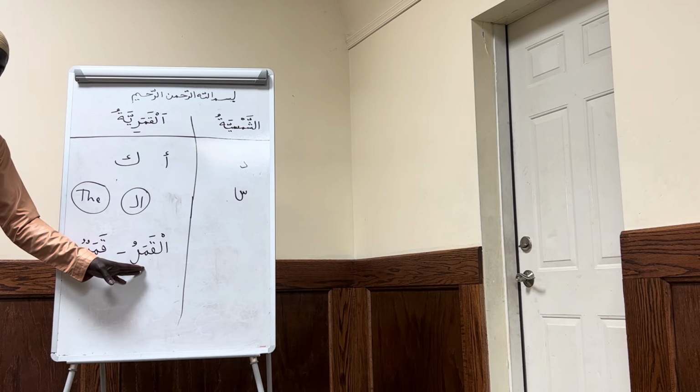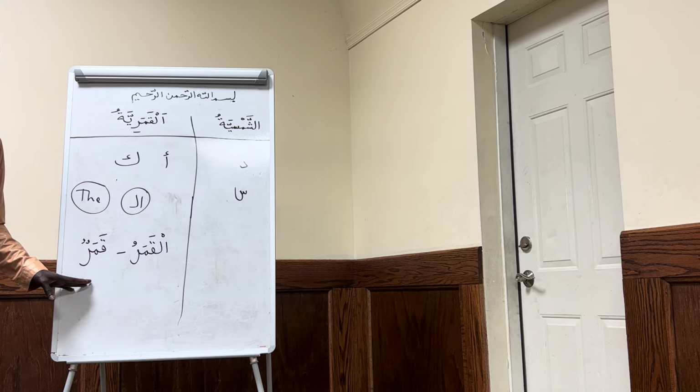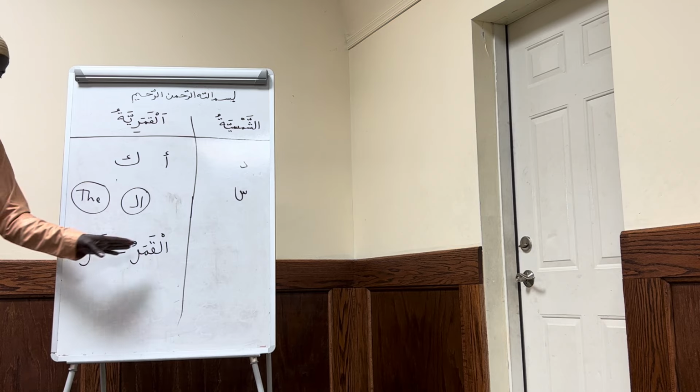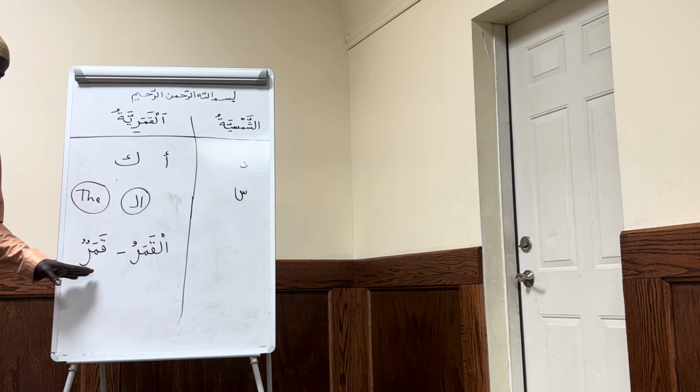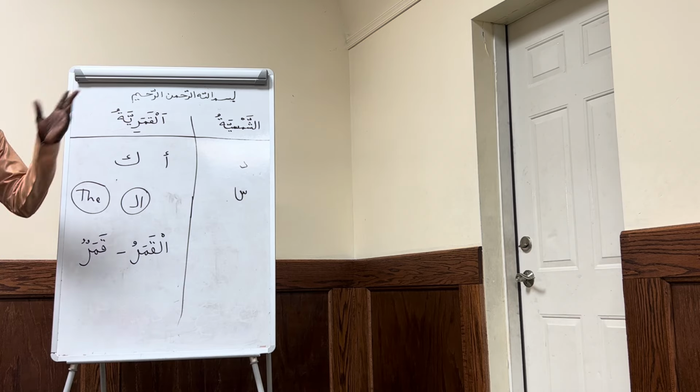The moon. This is the moon. Why do you say the moon? Because of Alif Lam. What about this? How are you going to translate this in English? Moon. What moon? It can be any moon.